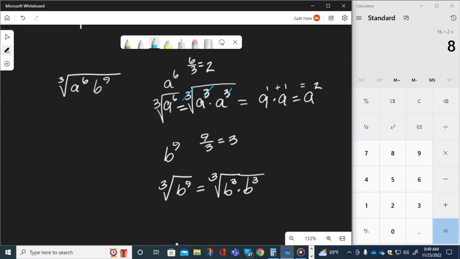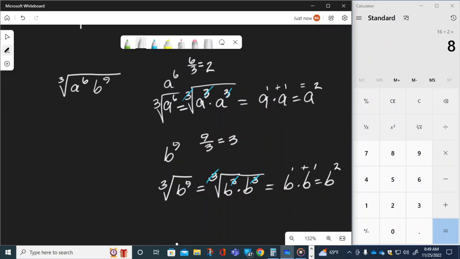And again, the b's are going to get out of jail, and that is b times b, and these have exponents of 1, and when you add them together, you get b to the power of 2.